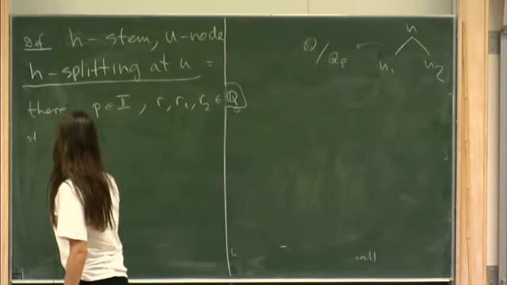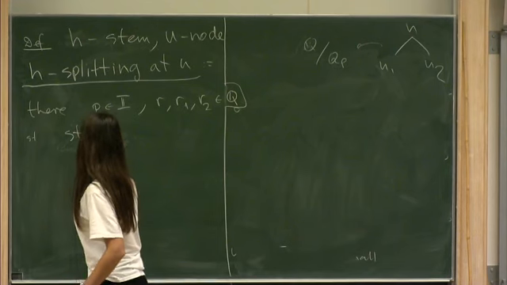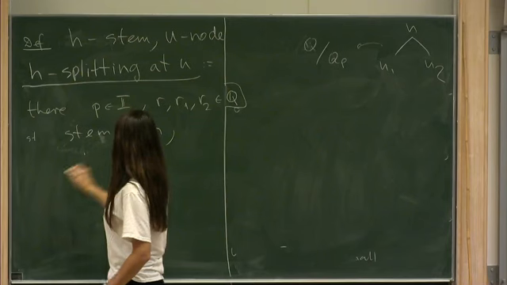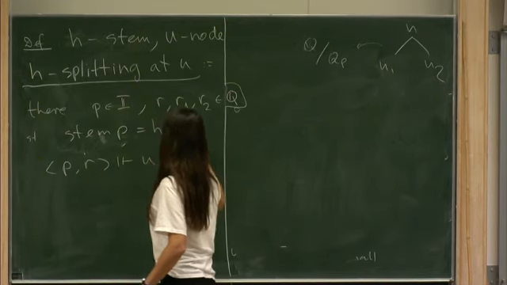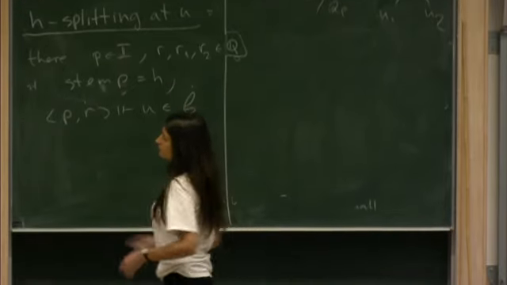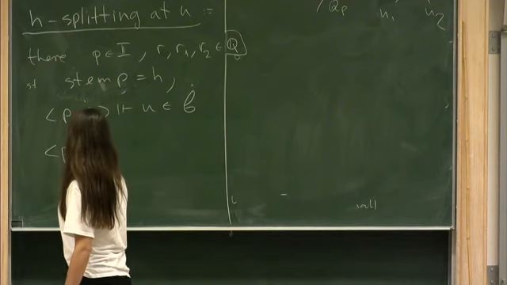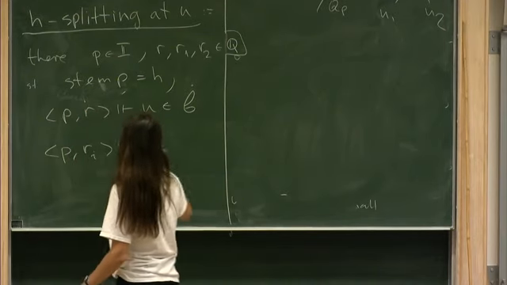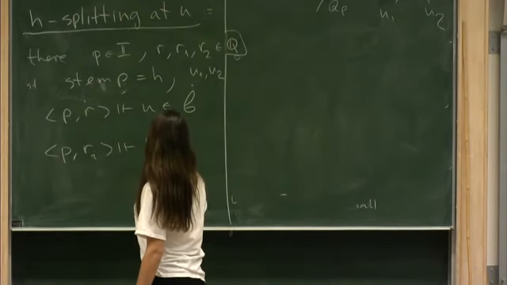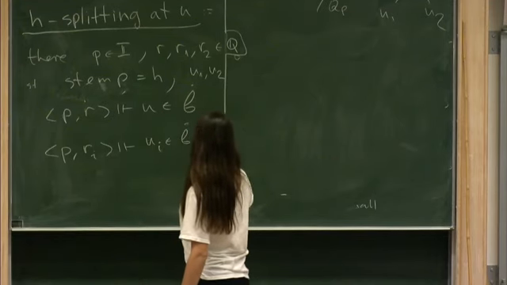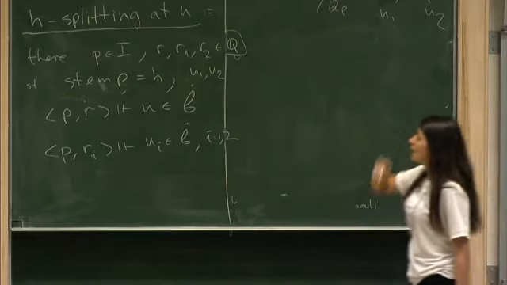Such that the stem of p is H, p R forces that U is in the branch over this I dot Q. And p R i forces that U i is in the branch for i equal 1 or 2.